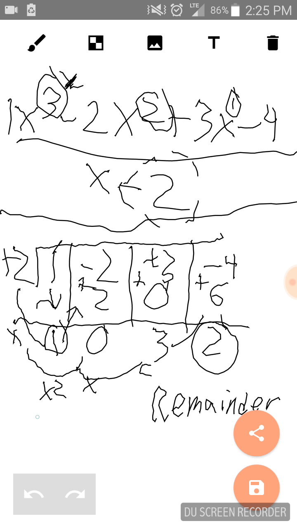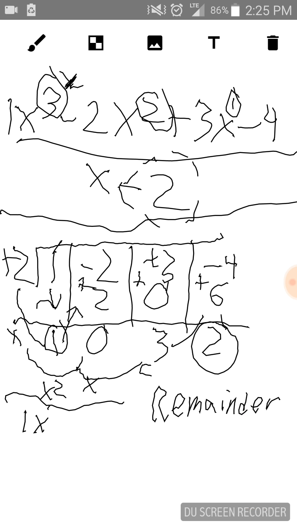Now you're just going to plug that in. It's going to be 1x squared plus 3, since x is 0, there is no x.